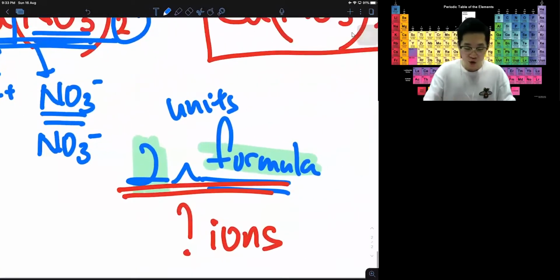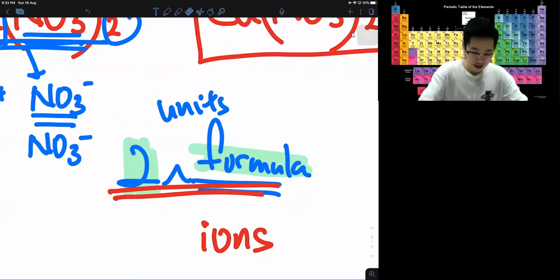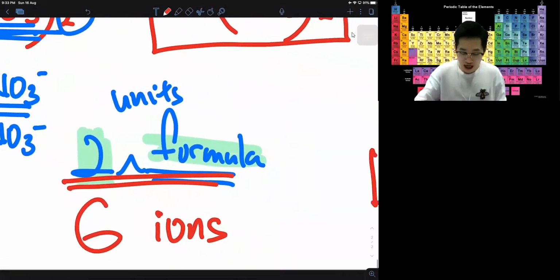If I bought 2 formula units, how many ions in total? One formula got 3 ions. Yes, very good. The answer is 6 ions. Let's convert it like mathematics.